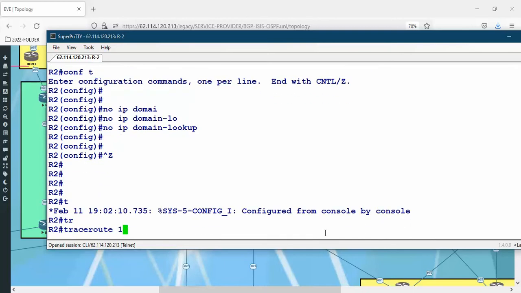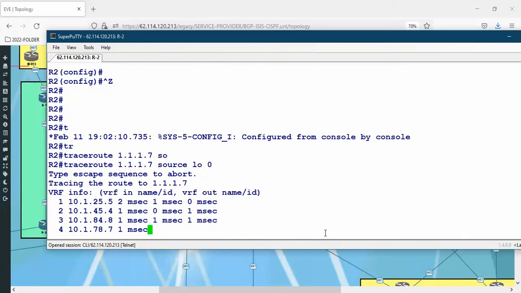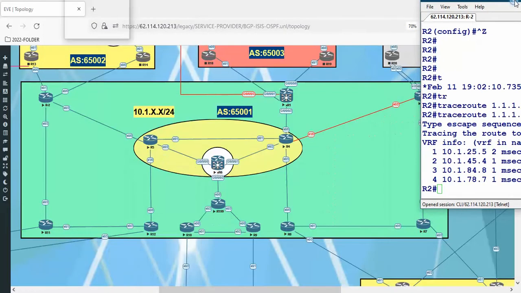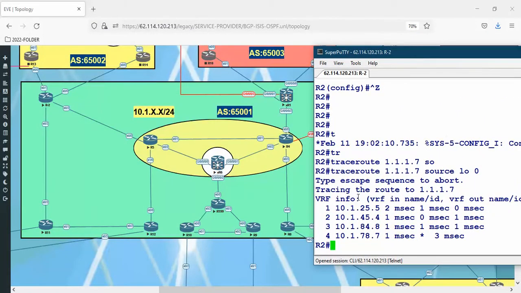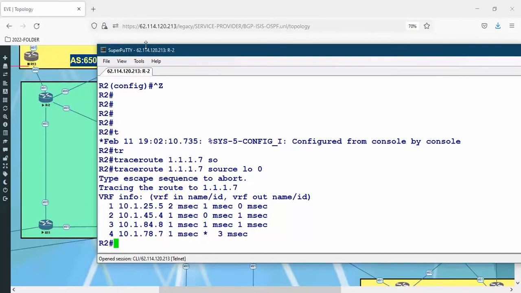Traceroute 11.1.1.7, from the source loopback 0. So this is the path. The traffic went to router 5, and then router 4, and then router 8, and then router 7. 5, 4, 8, 7. Okay, what else?